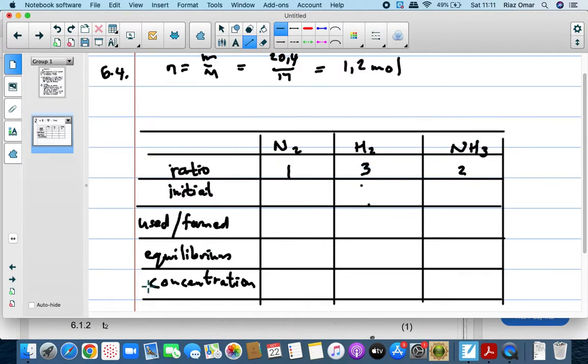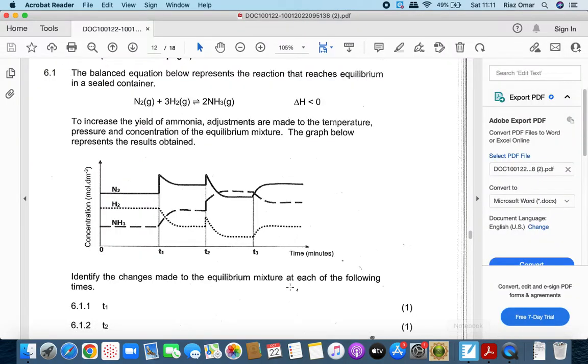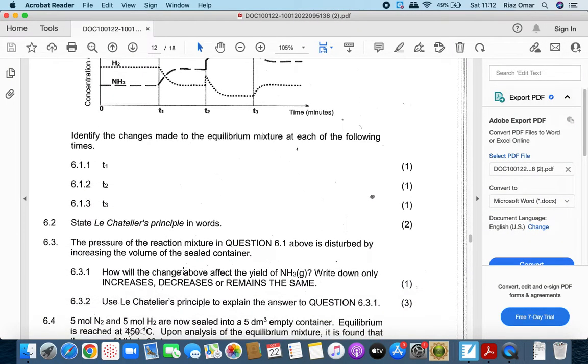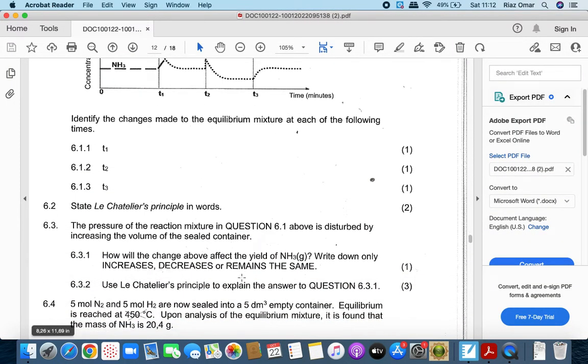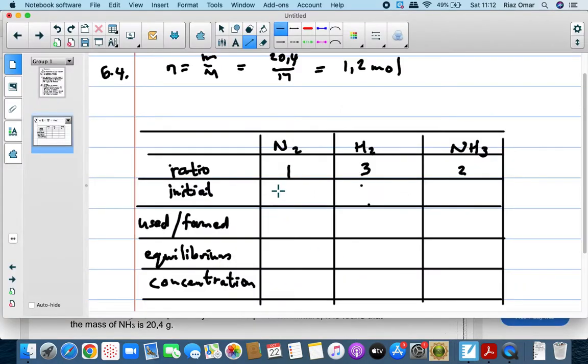So initially, what did we have? Initially, we had 5 moles of nitrogen and 5 moles of hydrogen. Let's write that down.